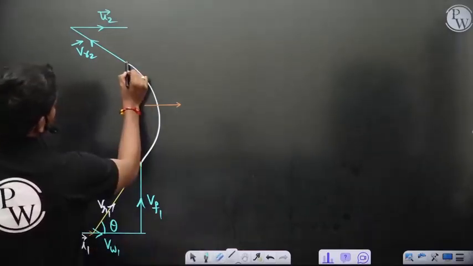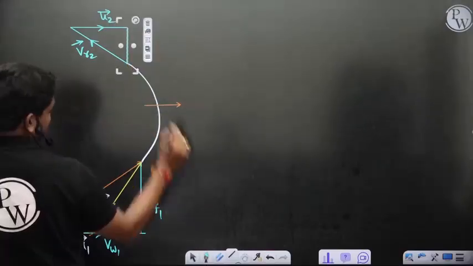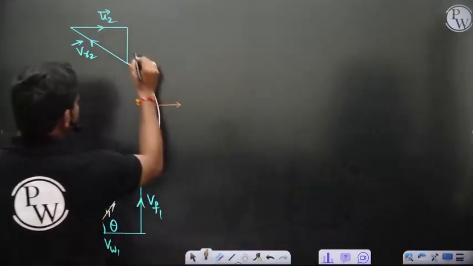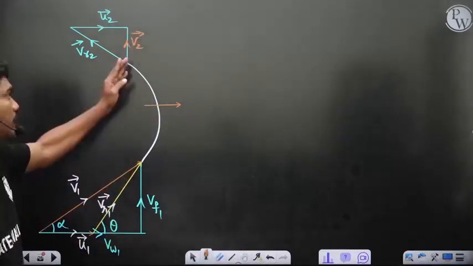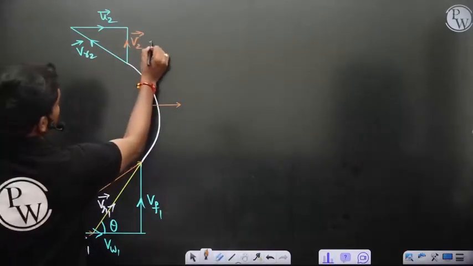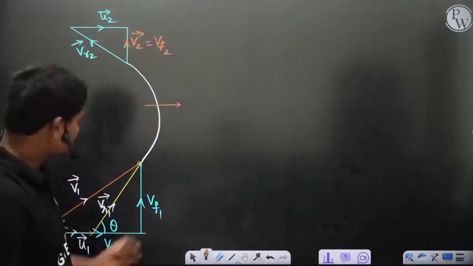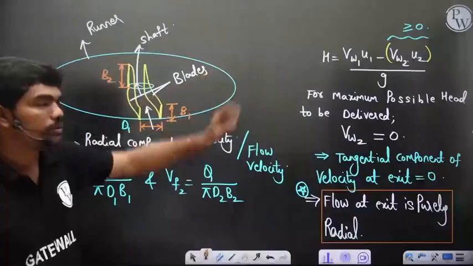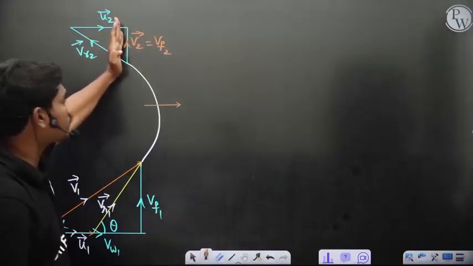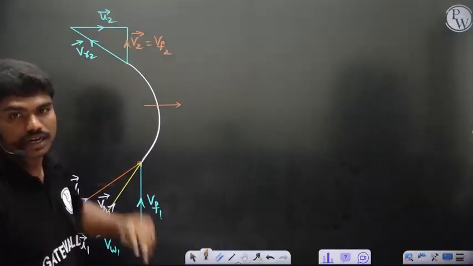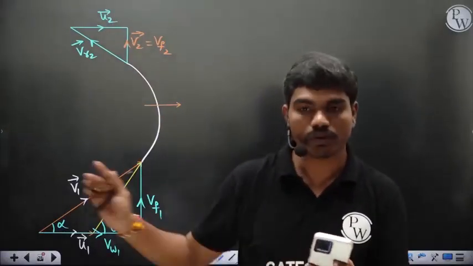So this is the absolute velocity V2. If you resolve this, VW2 is exactly equal to VF2. There is no VW2, because we want VW2 to be equal to 0. So the absolute exit velocity should be in the radial direction 100%. So that is VF2. This is the construction. Is this clear to all of you? Please type in the Telegram.